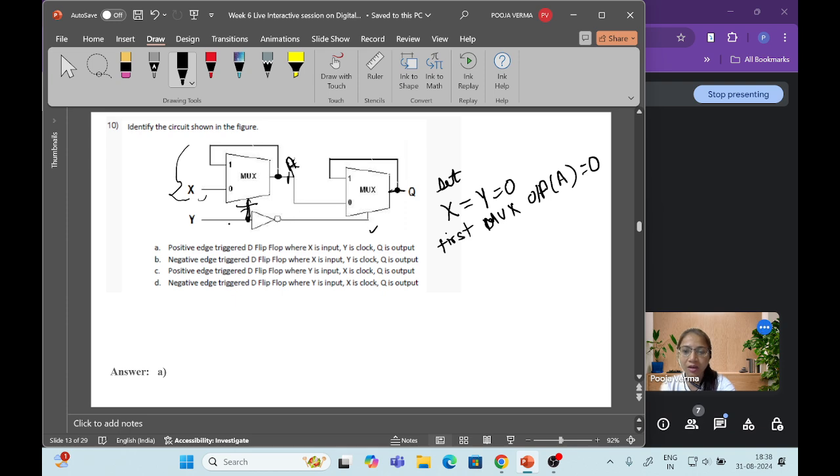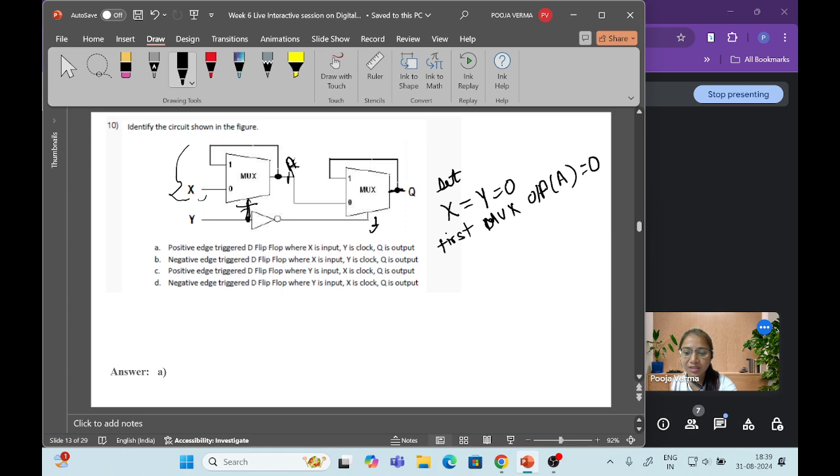Now here Y is given 0, and then it is complemented to the next mux, so that means it is 1 for the next one, right? But at this time Q is unknown, or we can say that it is 0. So Q is connected to 1. So if we initially assume that all the things are 0, it will be 0 only, right?